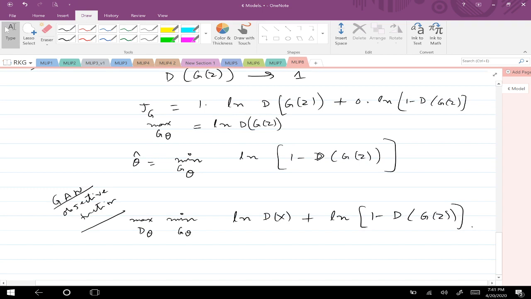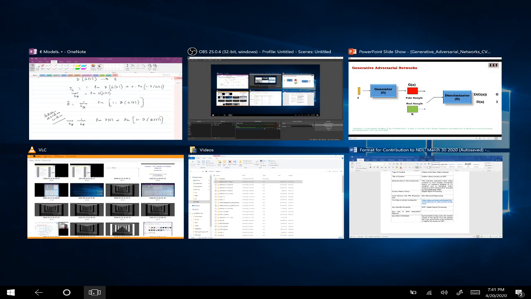Usually people prefer to do both maximizations for stable convergence.